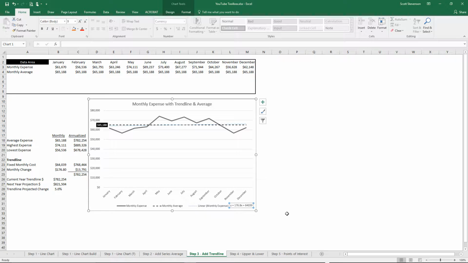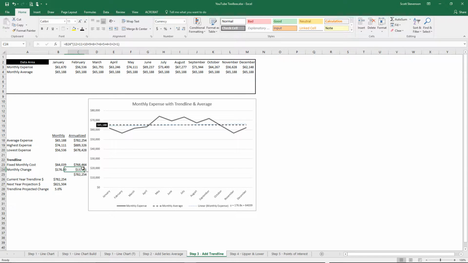So what that's telling you, if you were to take the 64,039 every darn month, multiply that by 12, it gives you 768,464. You add to that the monthly increase of $176.80. Now keep in mind that's every month, so you have $176.80 in January, and then in February, in addition to the $176.80 from January, you have another $176.80 in February, so suddenly it grows.